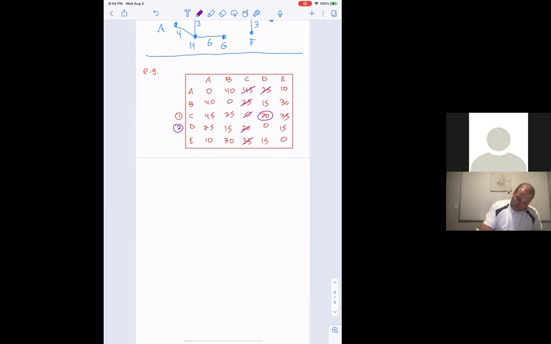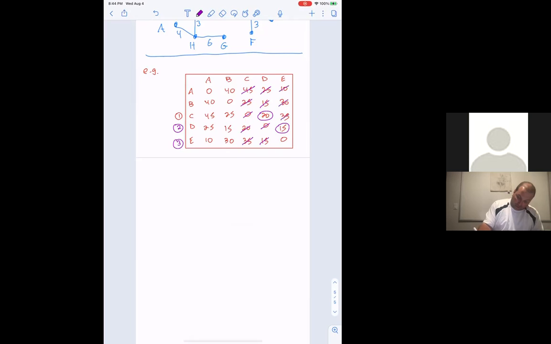We're going to cross out the numbers in column D. And now we're going to find the smallest number in rows C or D, which we have two choices. There's two 15s. Let's pick this one. Not that I couldn't pick the other one, makes no difference, but we're picking E number 3.